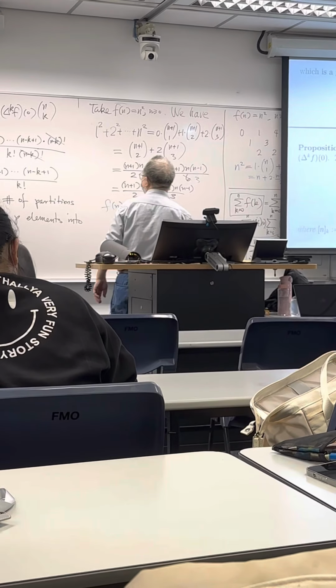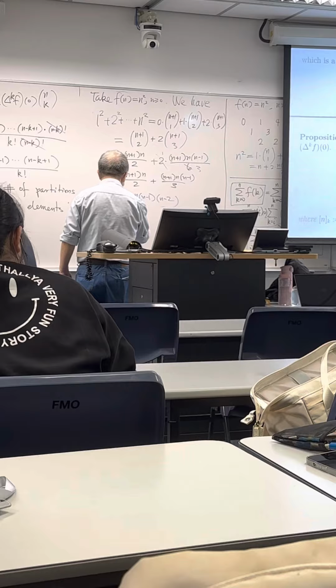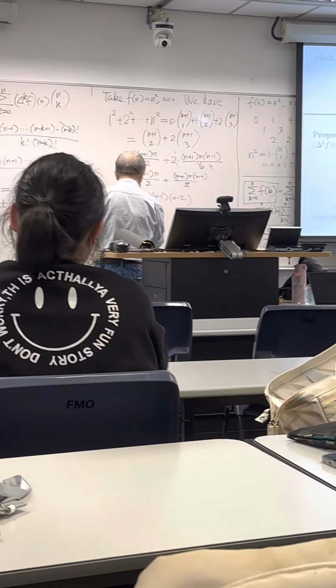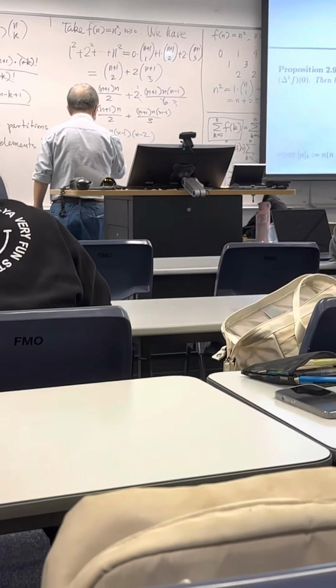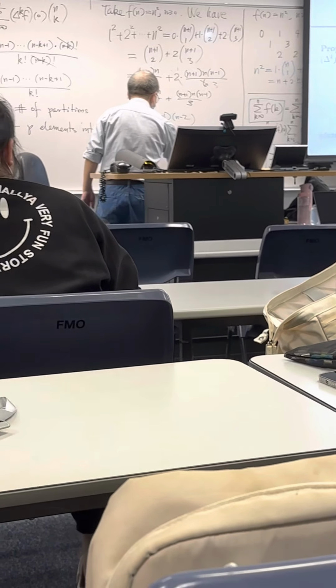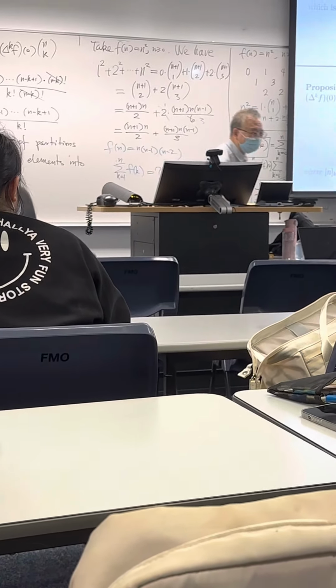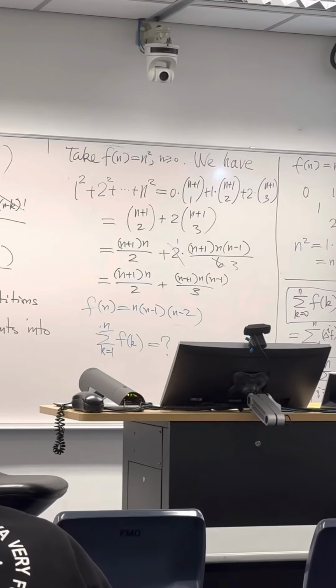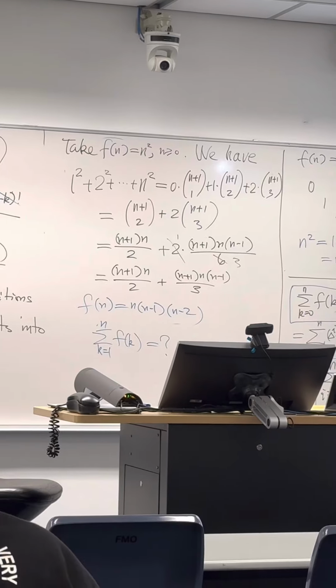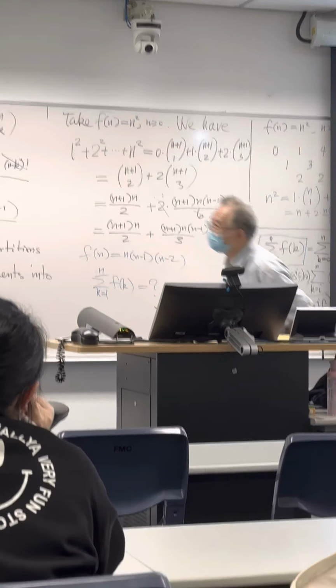Now we want the summation of f(k), k from 1 to n. Why is this one? Think of that. Maybe you cannot see that, let me write it down here.